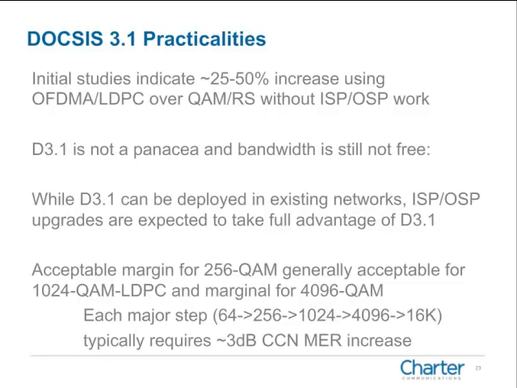So by the time you get past 4K QAM, the potential bandwidth increase that you're looking at to go from, say, 4K up to 16K is somewhere on the order of 8 to 12% improvement. And so right out there, it's becoming a point where we're not necessarily certain where do we go, do we bother hardening the plant that much, and if we do, how are we going to actually approach that?